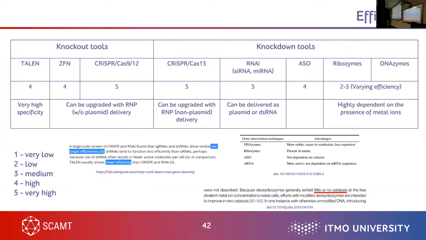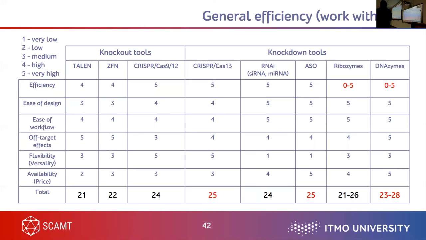But if we deliver proteins to the cells, they will work right away. They will be more effective. CRISPR-Cas13 also can be upgraded like CRISPR-Cas12 and CRISPR-Cas9. RNAi or siRNA and mRNA can be delivered in plasmid form as double-stranded DNA, and as I mentioned before, ribozymes and DNA enzymes can be dependent on the presence of metal ions. So there is a total comparison of general efficiency.